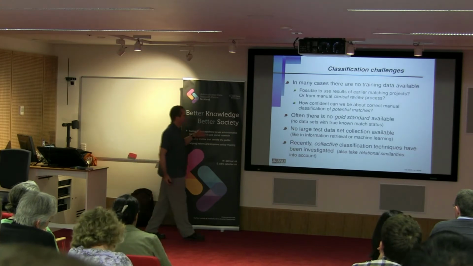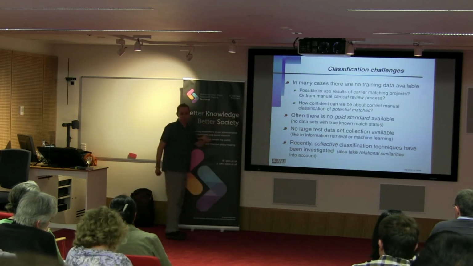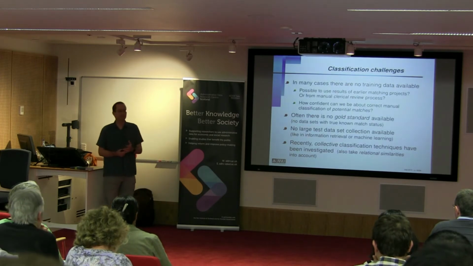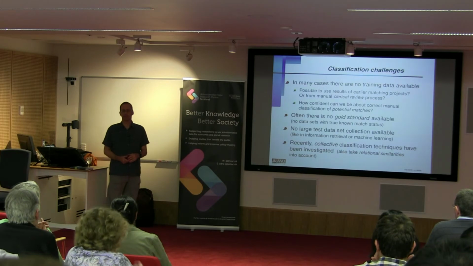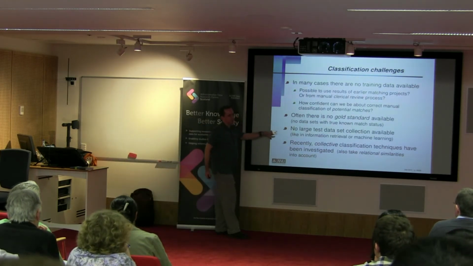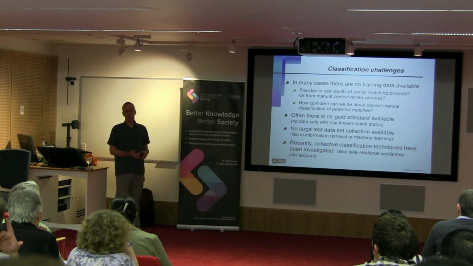I mentioned this already several times. We don't have a gold standard in many applications. From a research perspective, for me as a computer science researcher trying to develop new techniques, I don't have access to real data, basically. Well, I do have a few collaborations, but unlike other areas of computer science research, they have huge test data collections available.